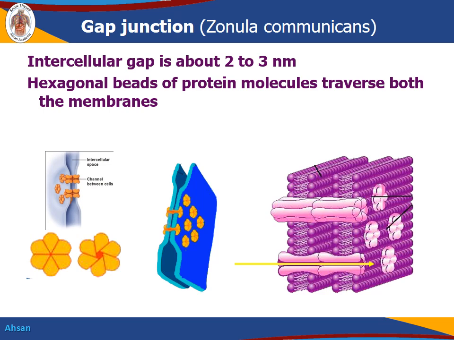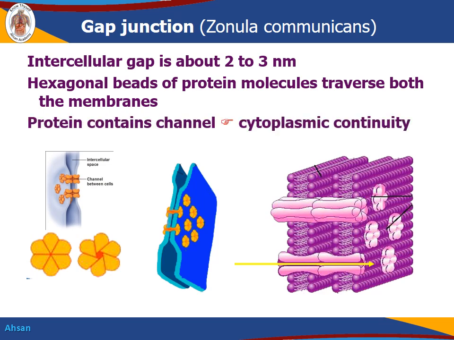You can see in the figure the hexagonal proteins are arranged in such a way that, if needed, they can close the lumen or open the lumen, as shown in the green circular diagram. The protein channel ensures the cytoplasmic continuity, and it is not a fixed one, it is selective.